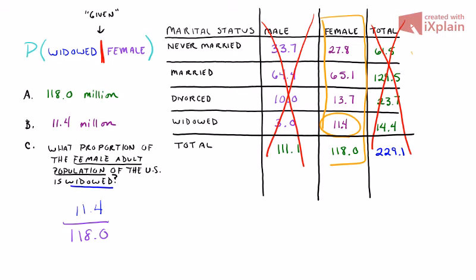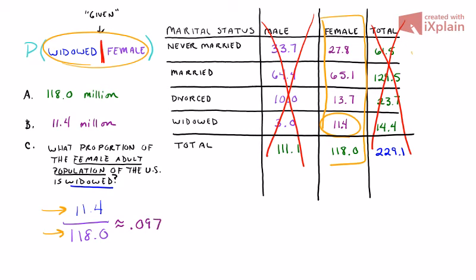So if you take a look at the probability notation that I have above, it actually looks like the fraction that we have below. Notice that we have widowed first, followed by female second. So if you look at the conditional probability setup carefully, it actually tells you how to construct your proportion in order to get that probability. So in this case, when we calculate this, we end up getting 0.097.